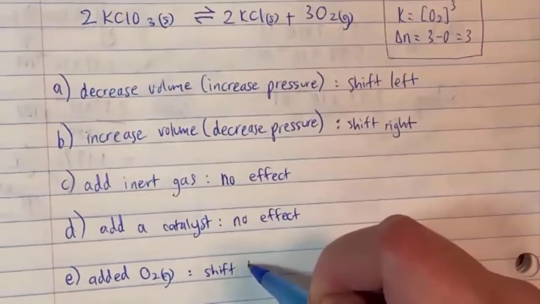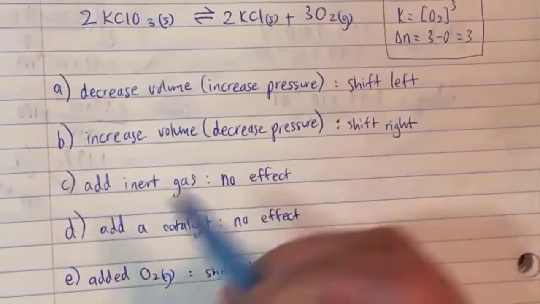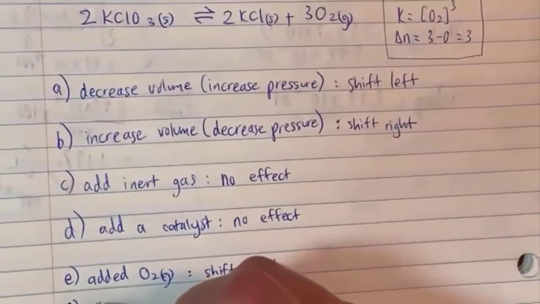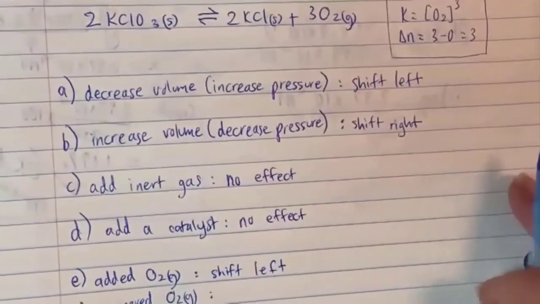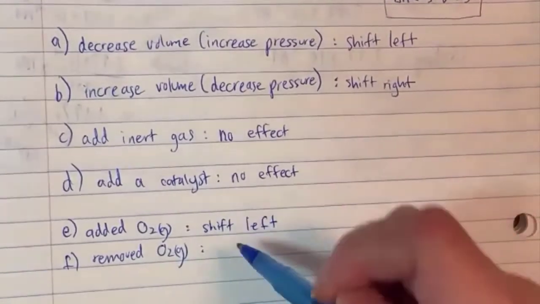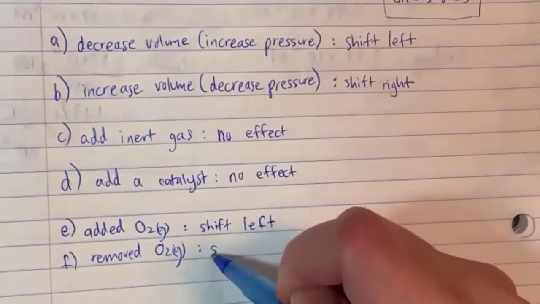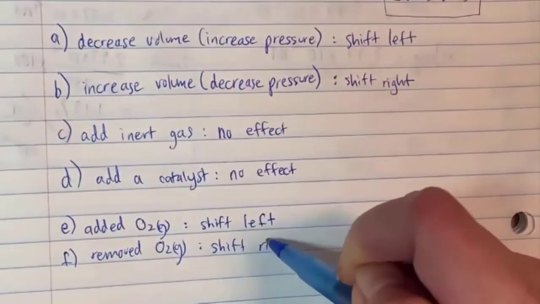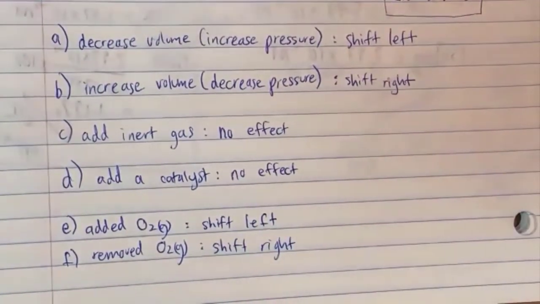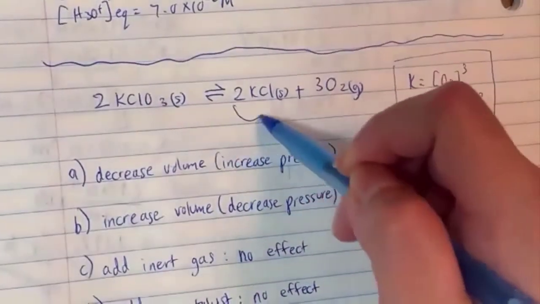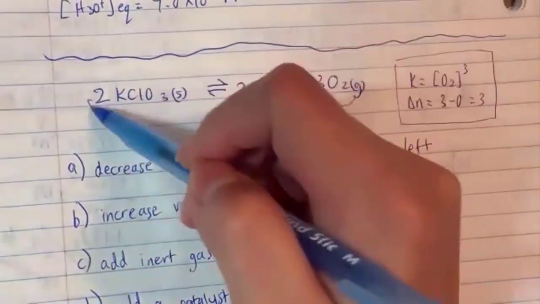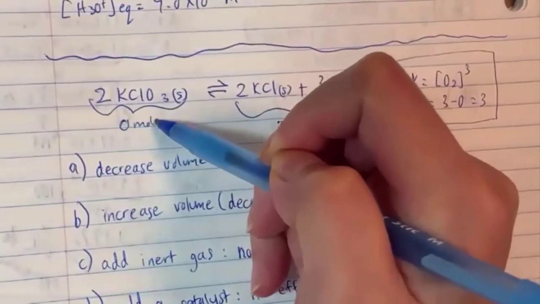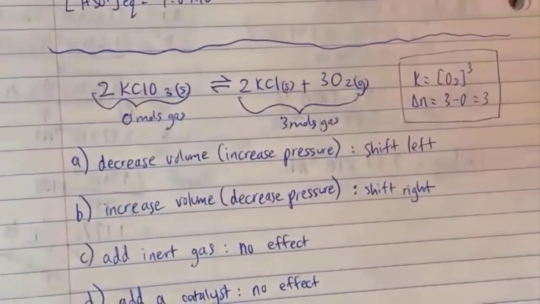So it would shift to the left. If you removed oxygen, it would make it shift to the right to make more oxygen, okay? Can you write number of moles each side? So this here is 3 moles of gas. This here is 0 moles of gas. Okay?